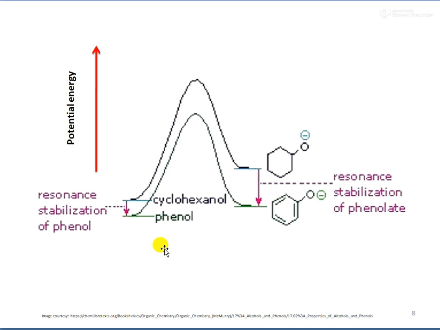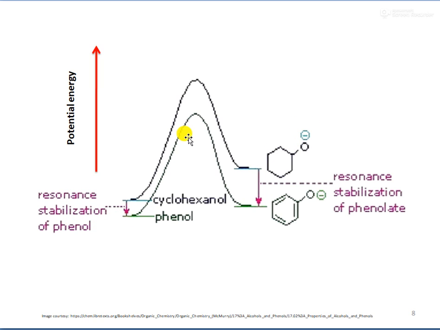Let us understand the resonance stabilization in phenols. Here, the first curve represents the potential energy diagram of cyclohexanol. Cyclohexanol is a 6-membered ring with an OH group. So here at the reactant side, this is cyclohexanol, and at the product side, it is a cyclohexanolate anion.